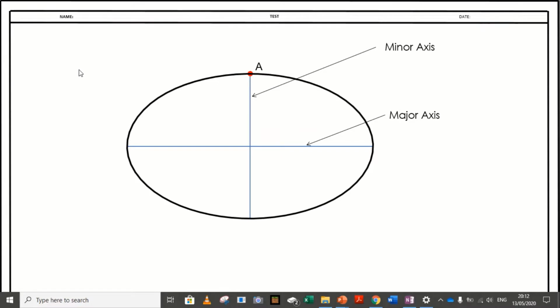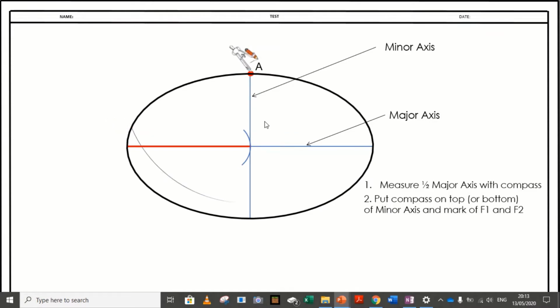In Conics 3 we were looking at the ellipse, and when we had the minor and major axis we needed to find those two very important points which were called the focal points. And what we did to find them was we measured off half the major axis, then we got our compass with that distance set on it, moved it to point A, the top of the minor axis, and we swung an arc.